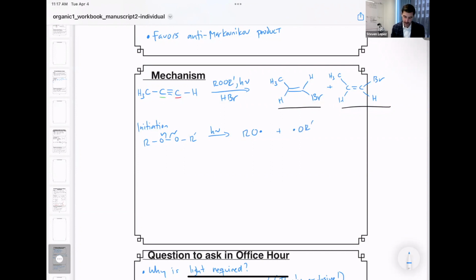Okay, in the propagation step, one of those alkoxy radicals abstracts the hydrogen from the HBr to make an alcohol and a bromine radical.